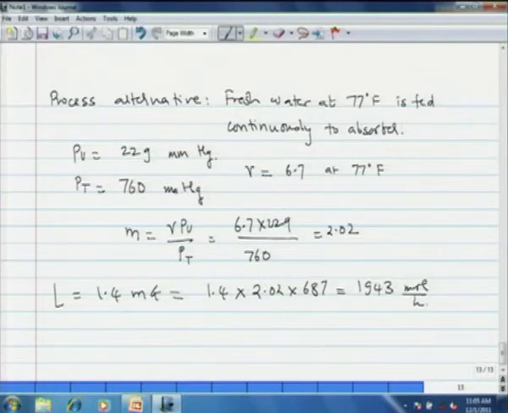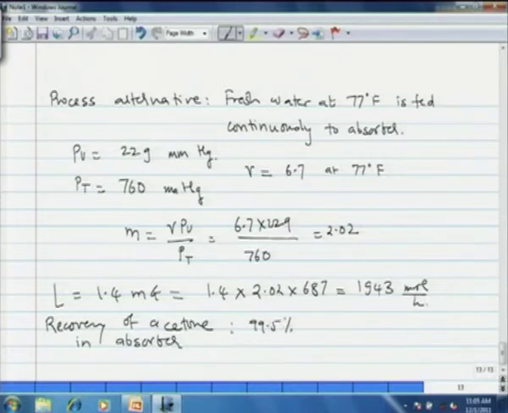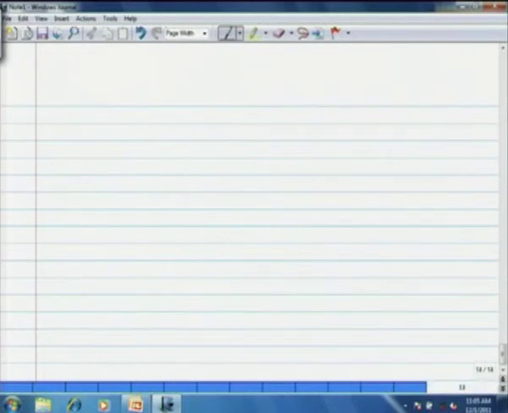Now, we will say that the recovery of acetone in the absorber is 99.5%. That is the value that we choose from the thumb rule of recovering 99% or more of all valuable material, and with this we can very easily calculate the acetone loss from the absorber with exiting air.